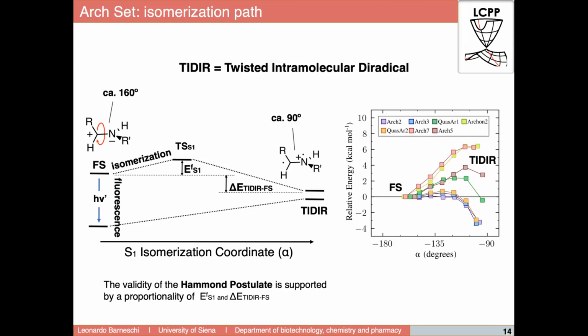We also found another minimum, as I told you before, on the excited state potential energy surface that is twisted and features a diradical electronic structure, so we call it the twisted intramolecular diradical. It's important because we have a very good correlation between the height of the barrier and the relative stability of the planar fluorescent state and the twisted diradical, and it's very reminiscent of the Hammond postulate in organic chemistry.